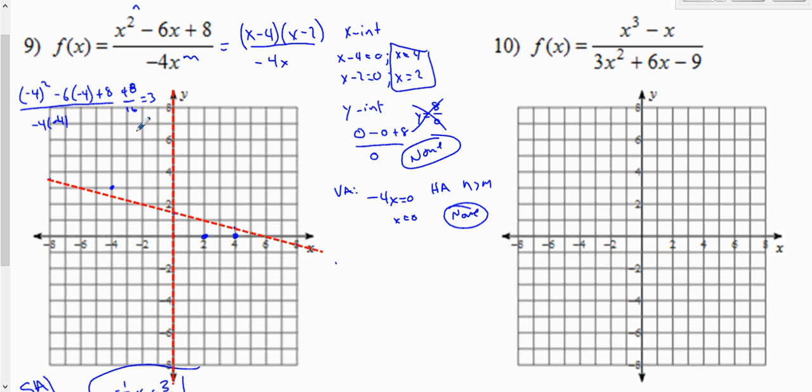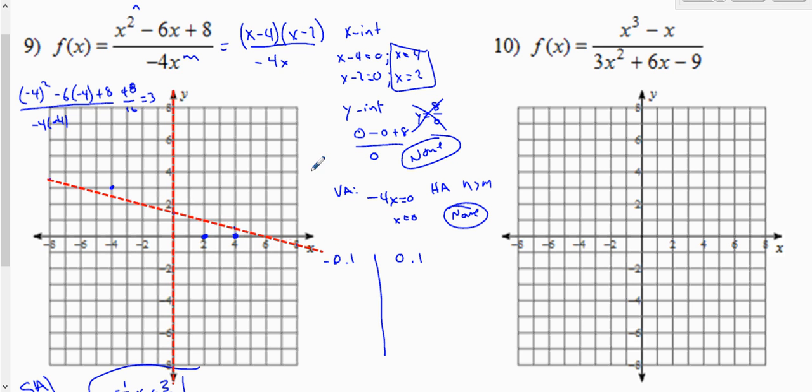Now I'm going to erase this because I need to graph. I'll probably be graphing up here. So let me test my values. My vertical asymptote is at 0. So when I add and subtract 0.1, I'm going to get -0.1 and positive 0.1 for my testing.